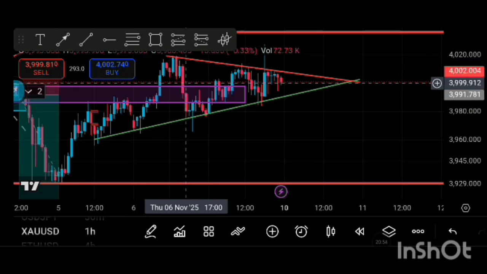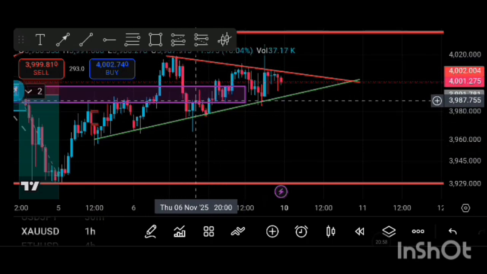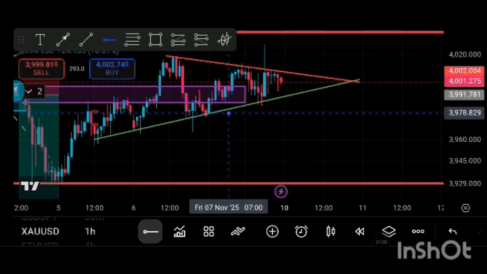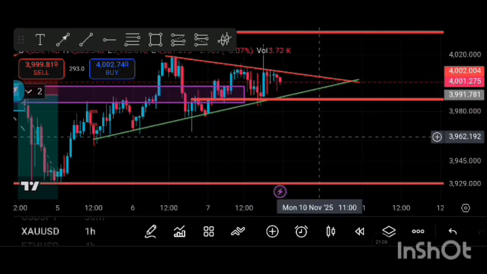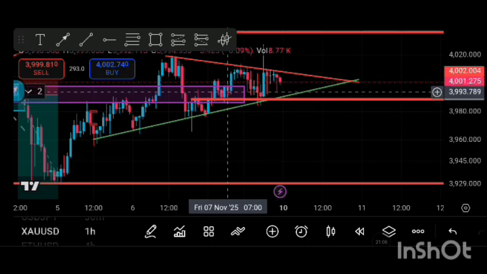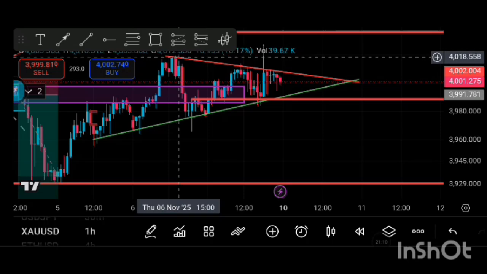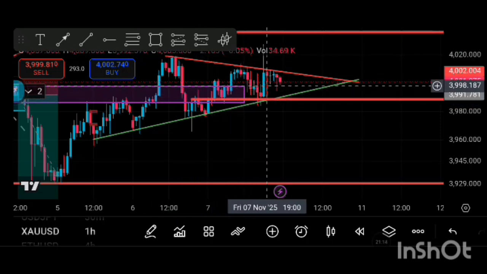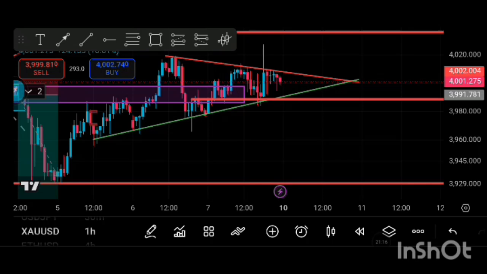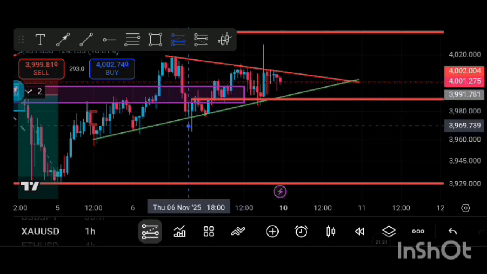Double top, 1, 2, 3, bounce back, and then on the neckline of that double top, what happened? The price moved up. So we could have taken entry here and moved. They targeted this high here, understand? But obviously trailing stop loss. So basically what I mean is the double top, 1, 2.